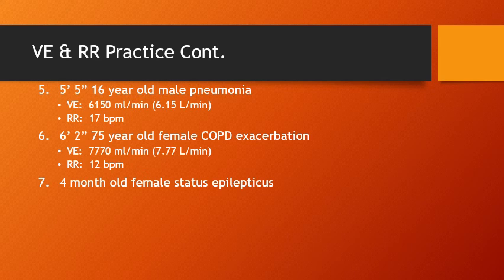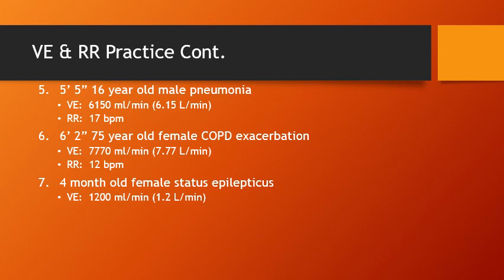So patient number 7 is our 4-month-old female with status epilepticus. So go ahead and pause the video and calculate her minute ventilation and respiratory rate. And this patient is going to require a minute ventilation of 1,200 milliliters per minute, or 1.2 liters per minute, by multiplying her ideal body weight or actual body weight.